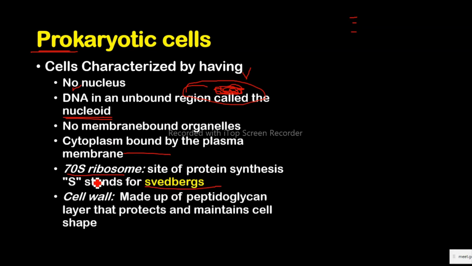Now, unlike plant cells whose cell wall is made up of cellulose, the cell walls of these ones are made up of a conjugated carbohydrate called peptidoglycan.